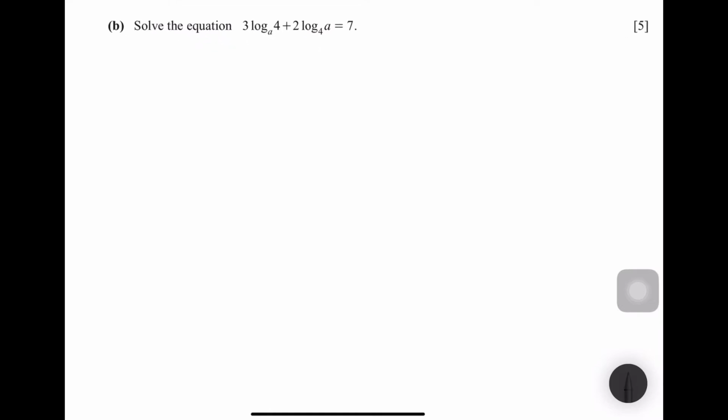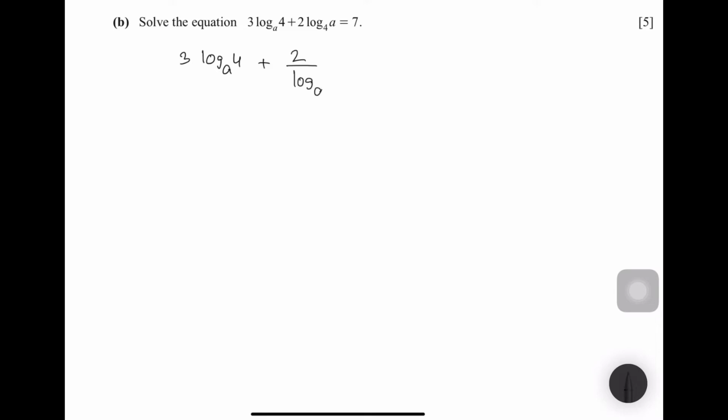Now let us solve question B. Let's see how to solve it. First of all, it is given 3 log a base 4 plus, we can write it as 2 by log a base 4 according to the base change formula.